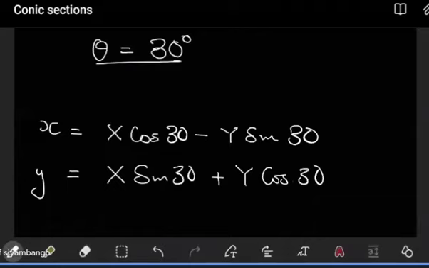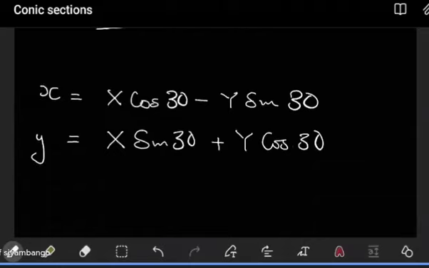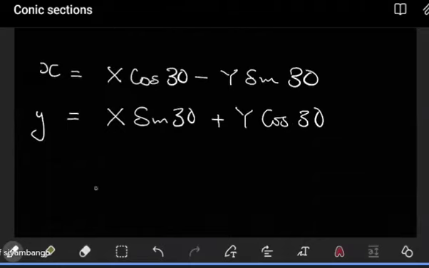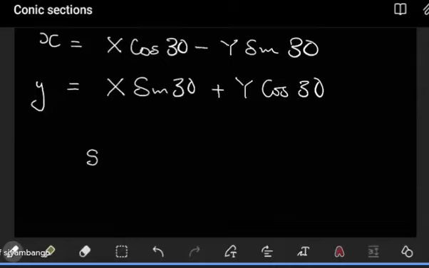Now, these equations can be reduced. To reduce these, you have to recall what sine 30 is, and also what cos 30 is. Now, what is sine 30? Do you remember?